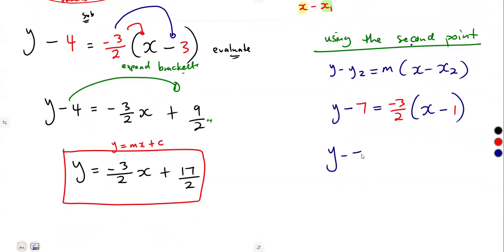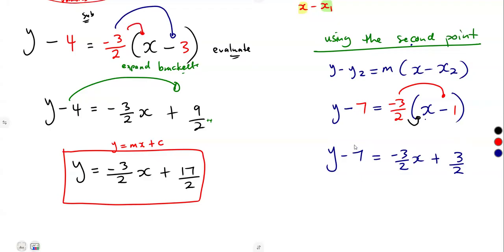So that's it. y minus 7 is equal to, just like before, evaluate, expand brackets: negative 3 over 2 times x, that's negative 3 over 2x. Negative 3 over 2 times negative 1, negative times negative is positive, so it's going to be a positive 3 over 2. Remember, we want to make y the subject of the formula.